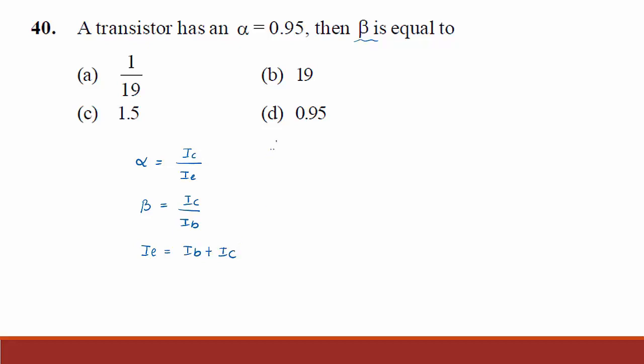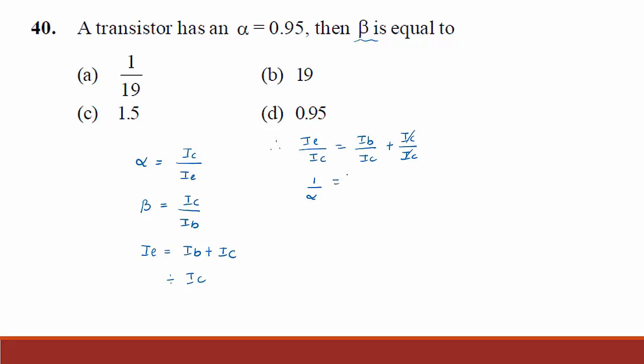So therefore we can write IE divided by IC. This equation can be written as IE equal to IB plus IC, dividing by IC here. IE by IC equal to IB divided by IC plus IC divided by IC. Here it will get cancelled. We will get 1. IE divided by IC is equal to the reciprocal of alpha, because alpha is IC divided by IE.